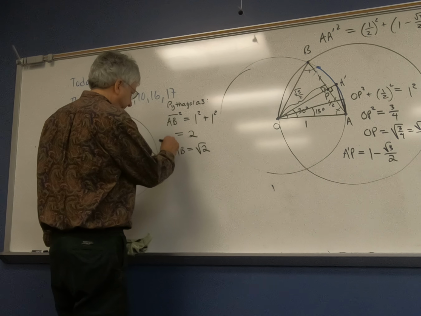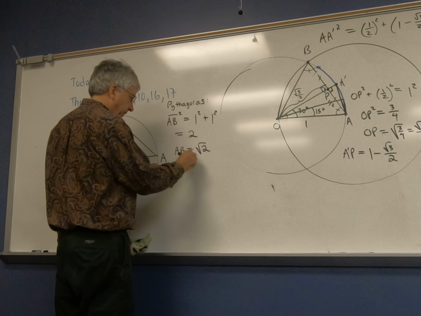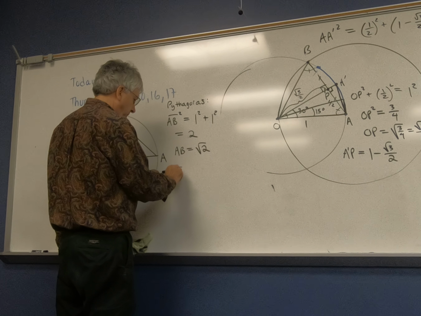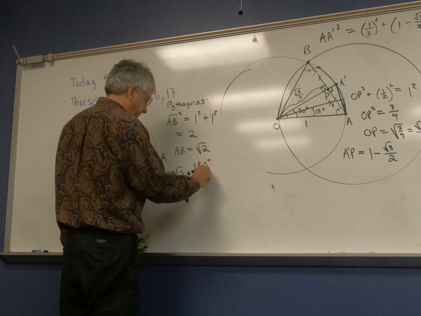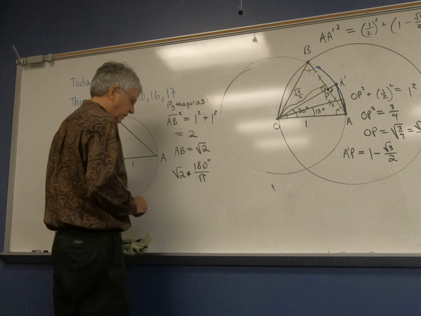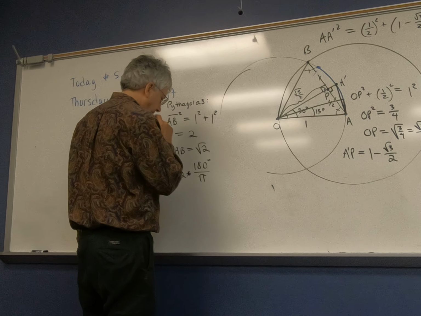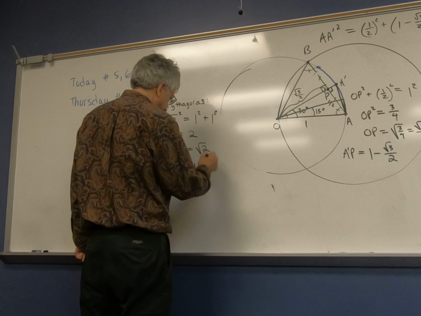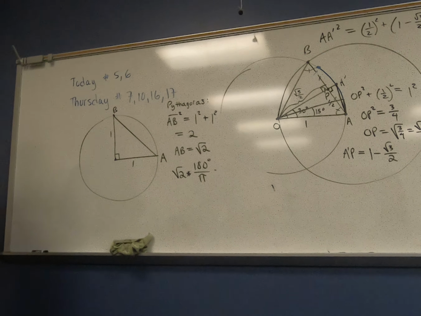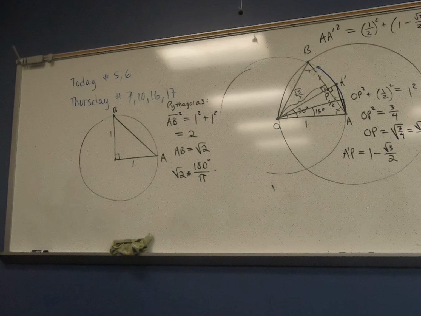So how do we convert this to the degree measure? We take the square root of 2 and multiply it by 180 degrees per pi radians. And that's going to give us what? Well, let's just do it on the calculator.